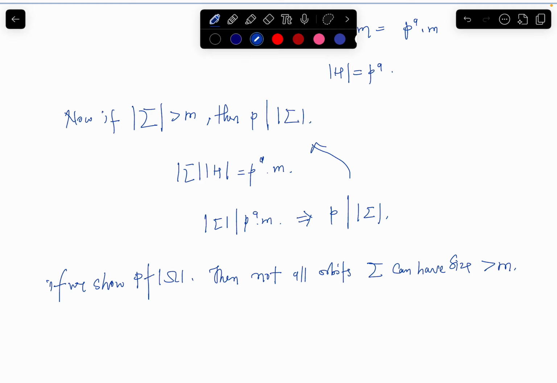So if all the orbits of sigma have size greater than m, then p divides the size of each orbit, and each of these orbits partitions omega, so the size of omega is a multiple of p in that case.